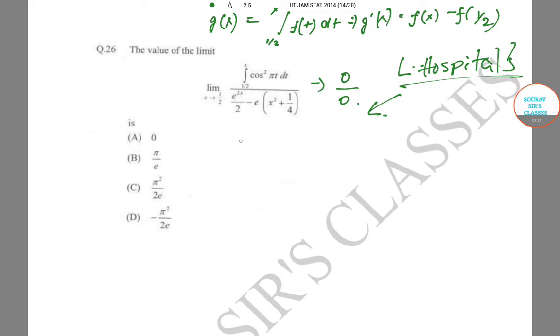So this just gives us cos square pi x minus cos square pi by 2, over e to the power 2x times 2 by 2, which gets cancelled out, minus e times 2x, as limit x goes to half.